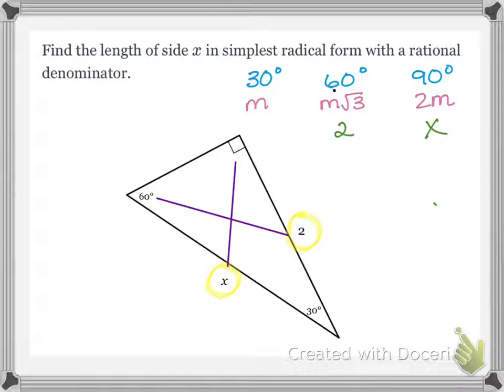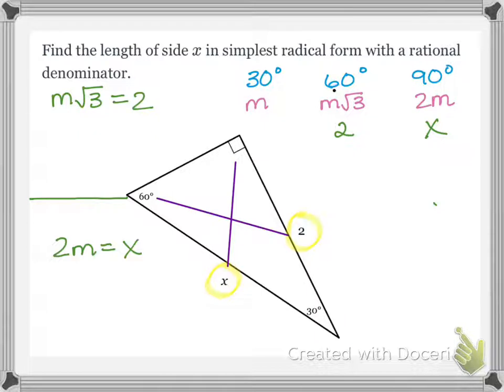I have m square root of 3 equals 2. Okay, that's one equation. Let me write that again: m times square root of 3 equals 2. And down here below, I'm going to write the other equation, 2m equals x. What I want you to do every single time is write the two equations.